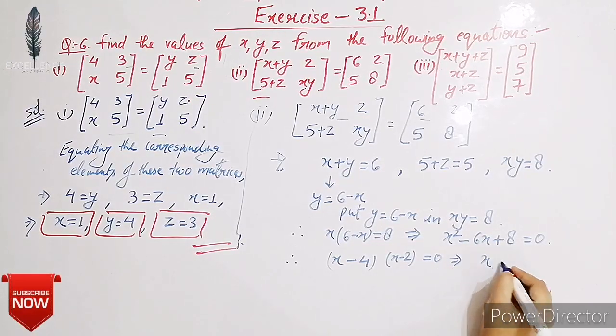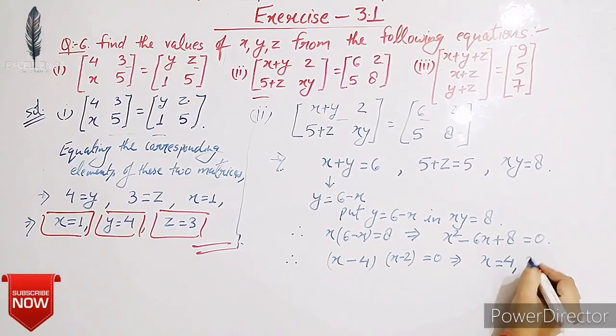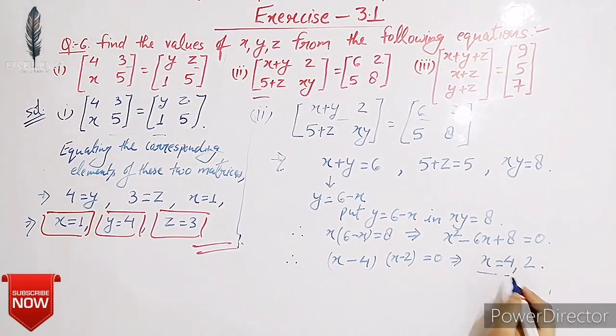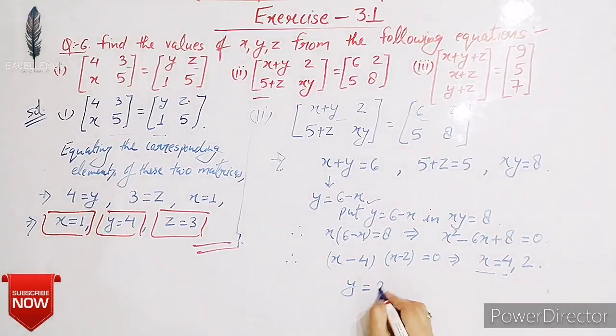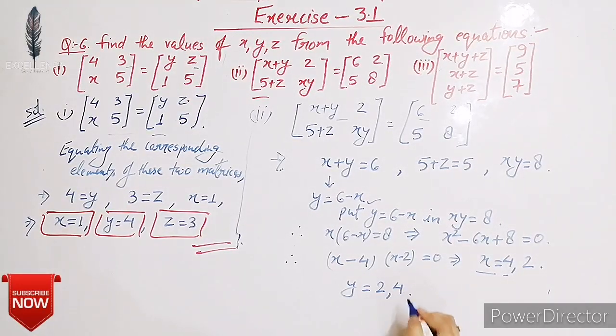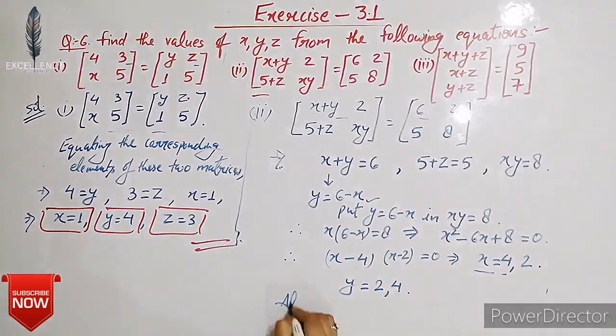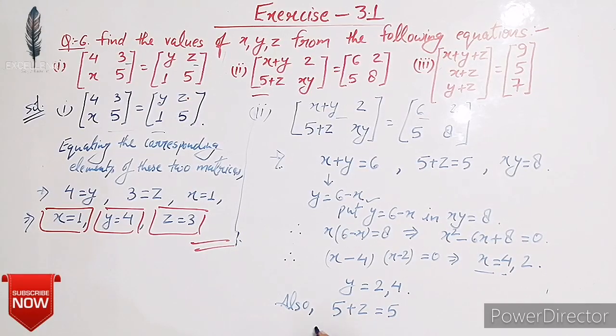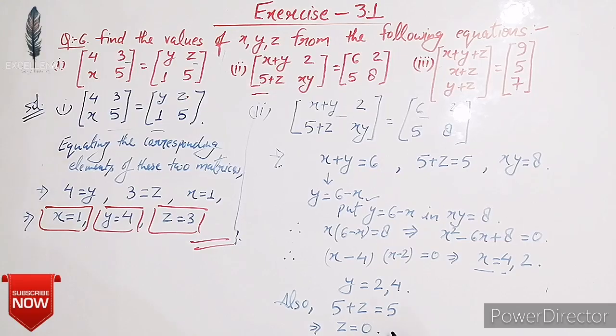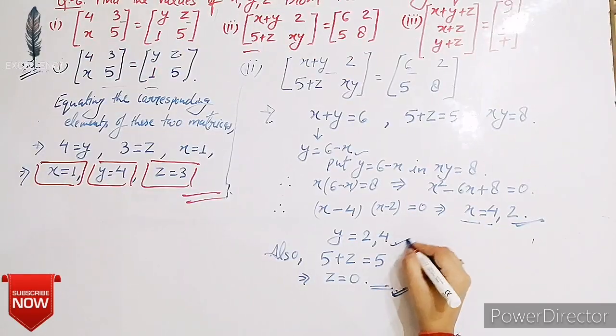That gives x equal 4 and x equal 2. We have 2 values of x. Okay, for x equal 4 and 2, y gives 2 and 4. Also from the second equation, 5 plus z equals 5, we have z equal to 0.